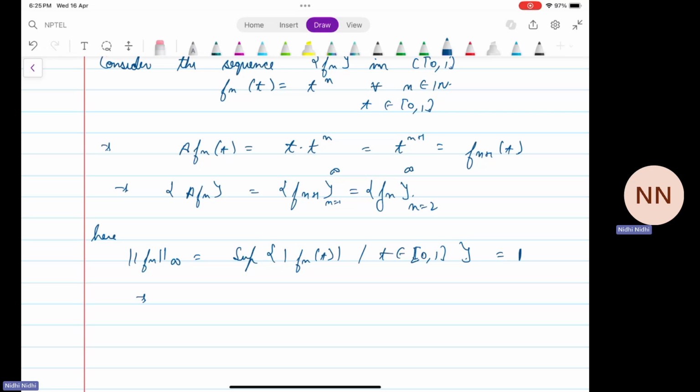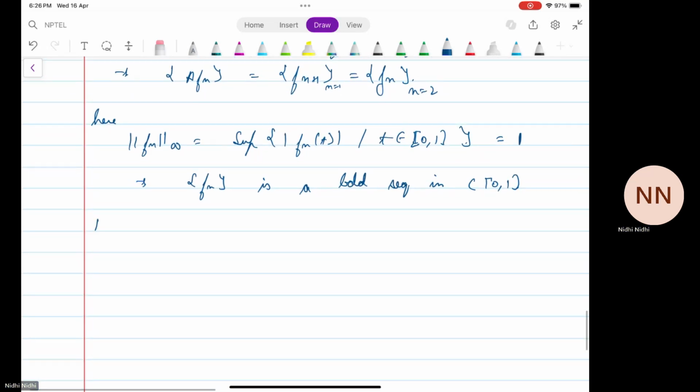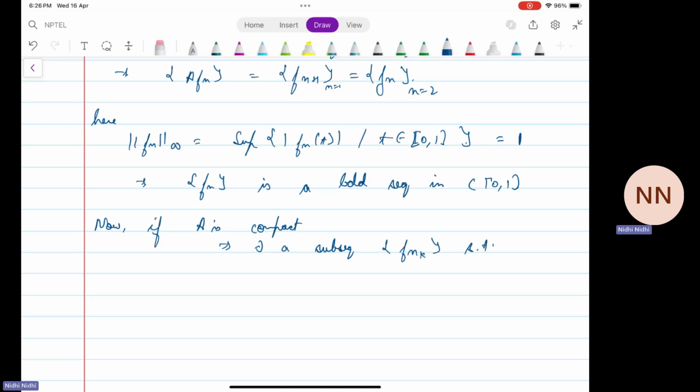This implies Fn is a bounded sequence in C[0,1]. Now, if A is compact, then there exists a subsequence Fnk such that AFnk is convergent.